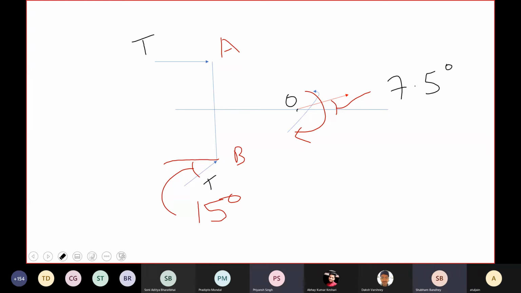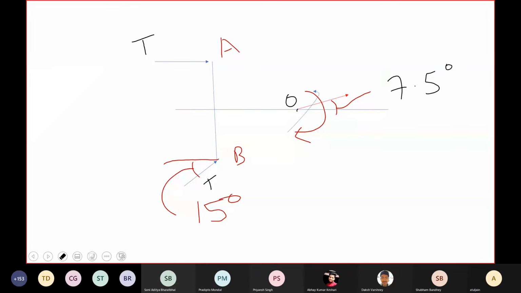Now we want to replace the force and couple such that you only get a force. For that, what will I do? Please repeat the last line you said. So at point O, we have a force and a couple.